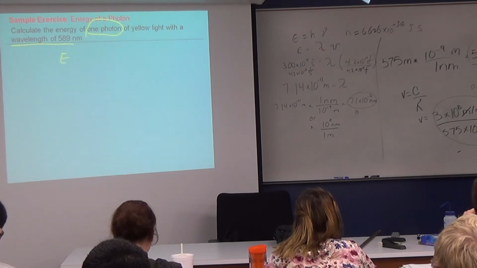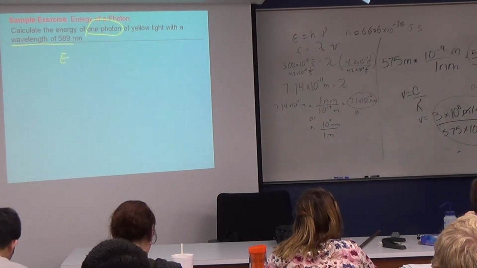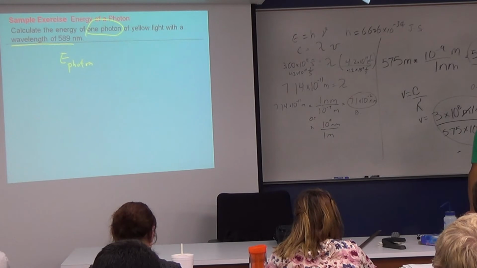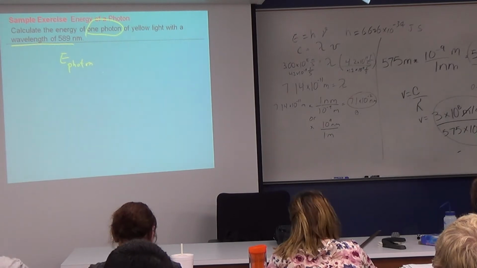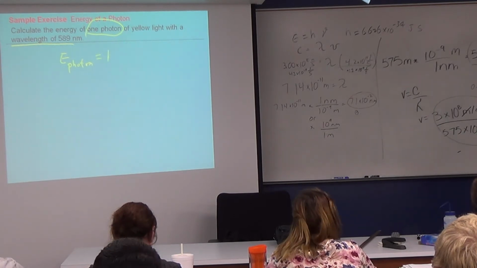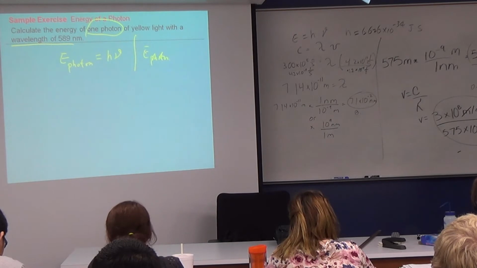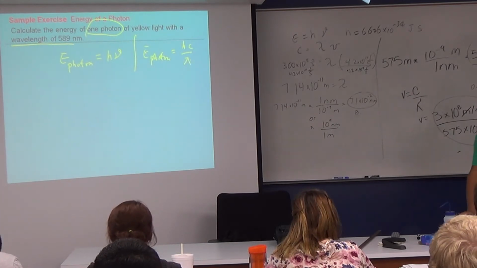I will call that E subscript photon, which means for one photon. One equation is h times nu. The other equation is E photon equals hc divided by lambda.